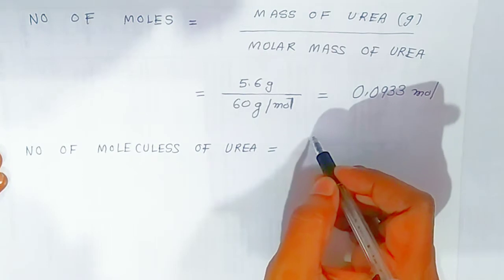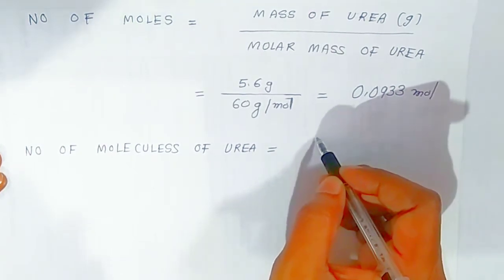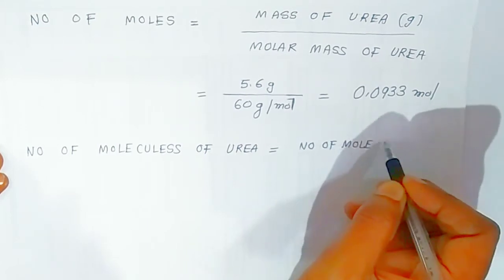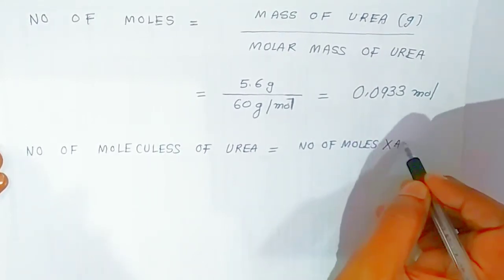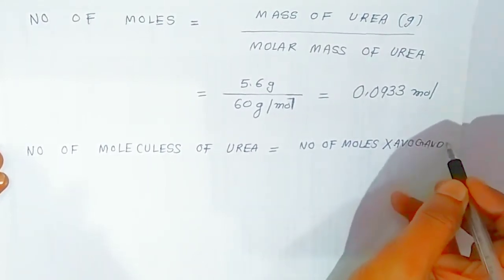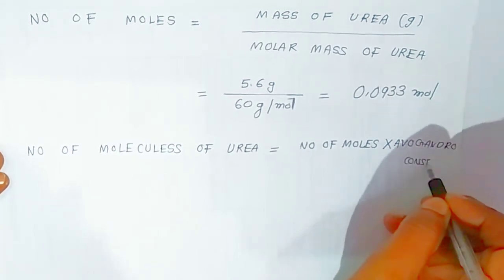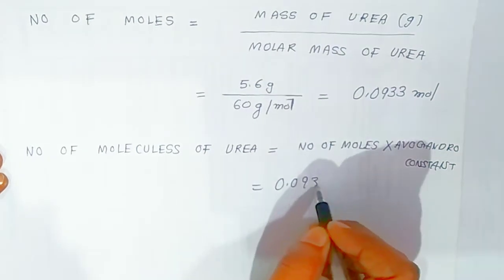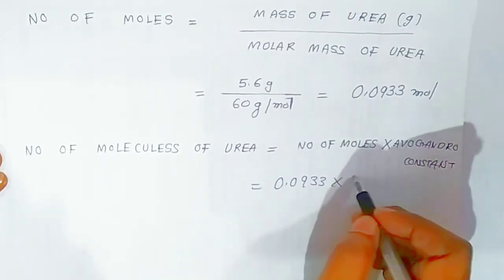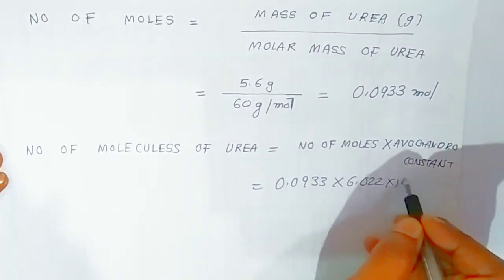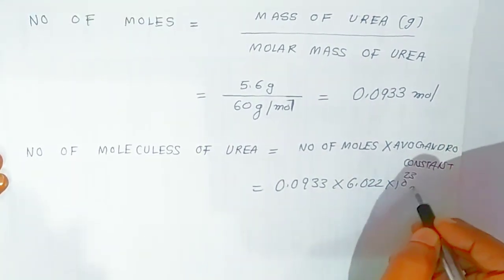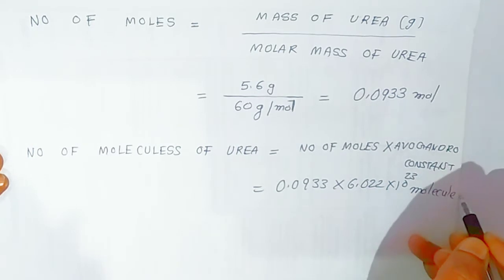For that, you have to multiply the number of moles with the Avogadro number, or Avogadro constant, you can also say. So the number of moles we got, students, is 0.0933 into Avogadro number, that corresponds to 6.022 into 10^23. Because for urea molecules, this much number of molecules are present in one Avogadro constant.